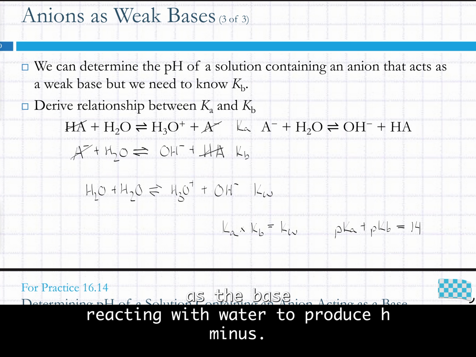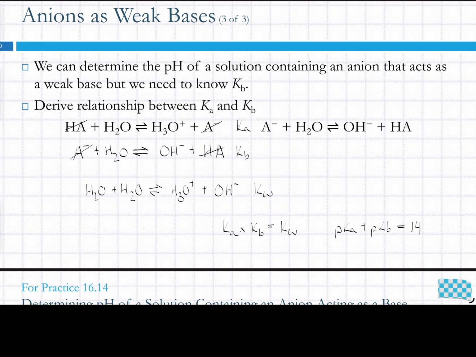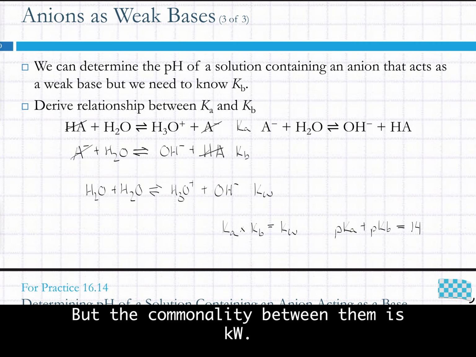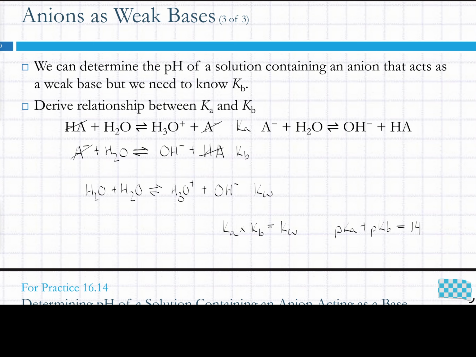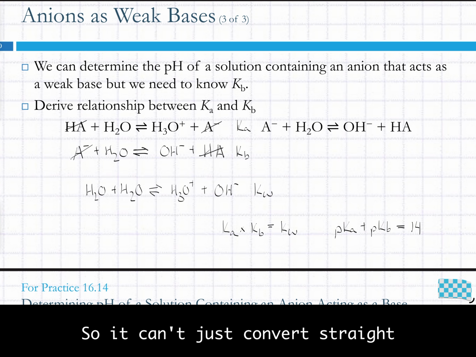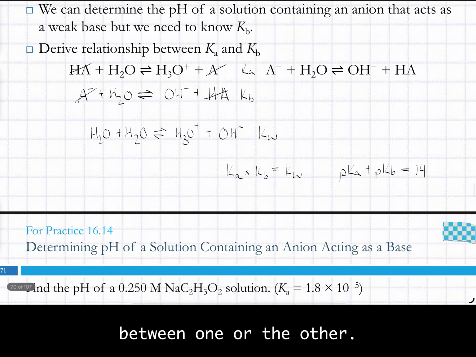Kb is defined as the base reacting with water to produce OH minus. But the commonality between them is Kw. So it can't just convert straight between one or the other.